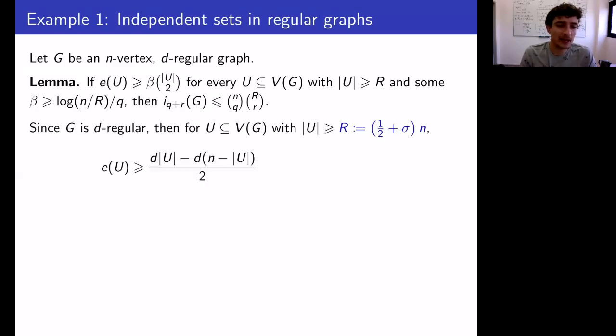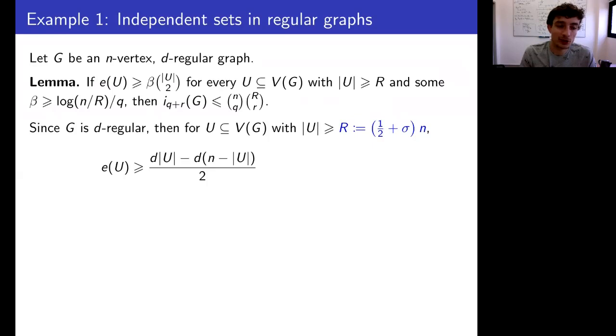And in the setting of d-regular graphs, it turns out that we get this bound for sets of size slightly bigger than a half by a simple combinatorial argument. So namely, let's look at any set of vertices U of size slightly more than a half. Let's count the edges that are completely contained in the set U. On the one hand, every vertex of U is an endpoint of some d edges.